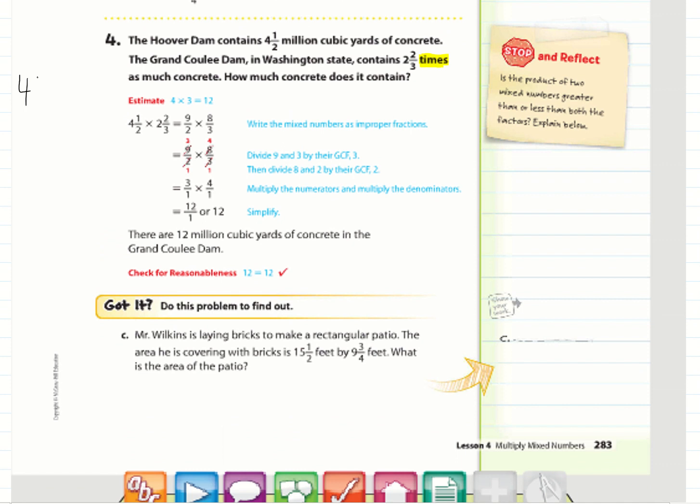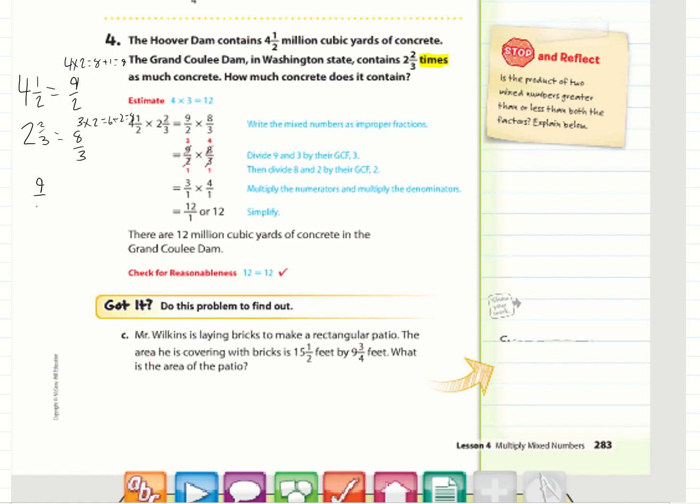So we have 4 1/2. So 4 times 2 equals 8, plus 1 equals 9. So that equals 9 over 2. And then we have 2 2/3. So 3 times 2 equals 6, plus 2 equals 8. So that equals 8 over 3.